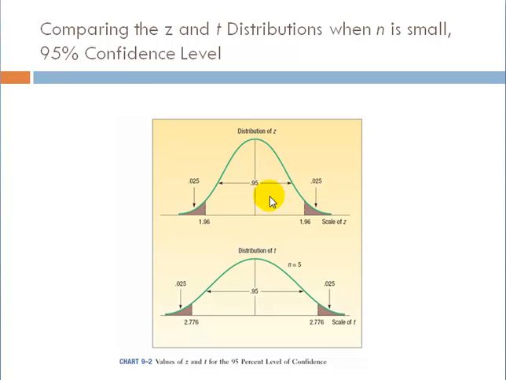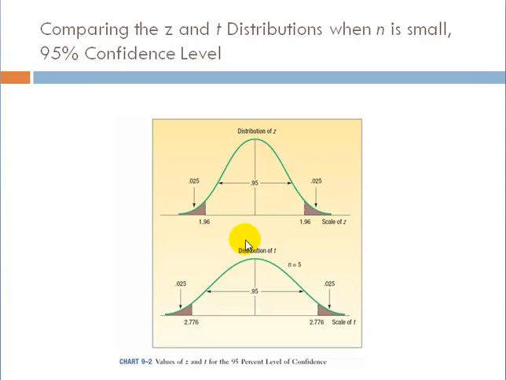If we want to find the z-value for this point, we need to find the area for this part. This part is 0.95 divided by 2. That's 0.475.